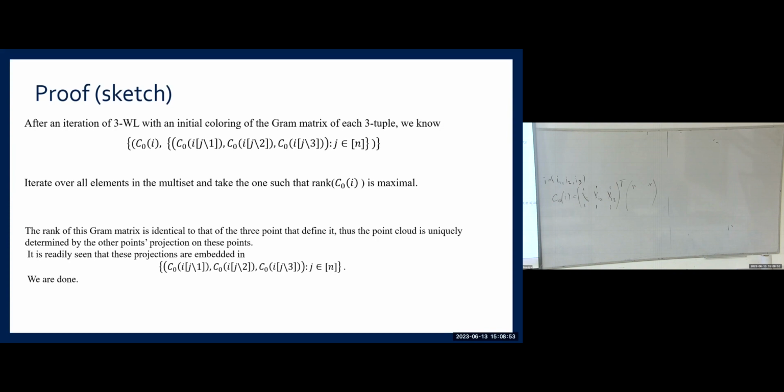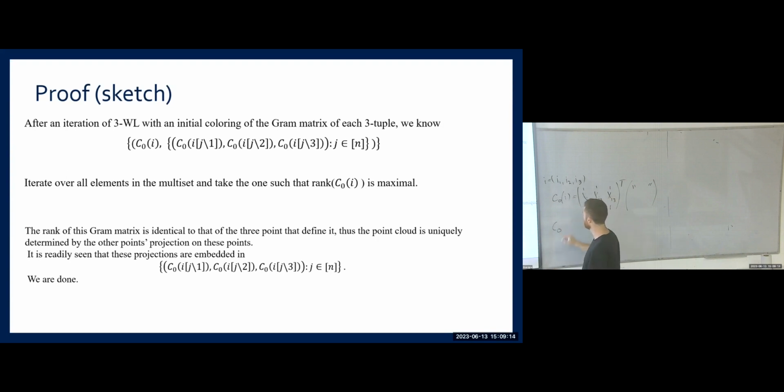But this is very easy, given the way that these neighborhoods are defined. If, for example, I want to find xj, I want to recover xj from this information, what do I do?